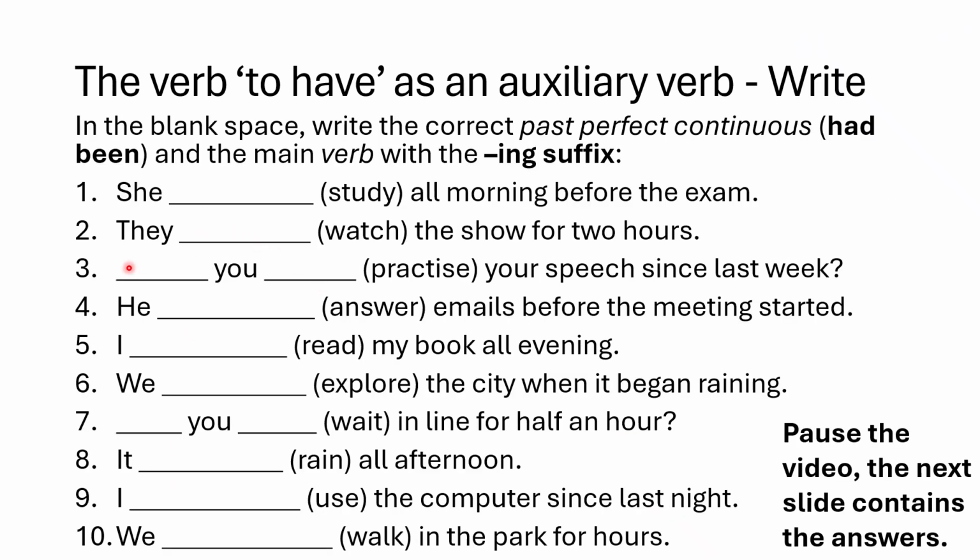In the blank space, write the correct past perfect continuous, had been, and the main verb with the ing suffix. 1. She ___ study all morning before the exam. 2.